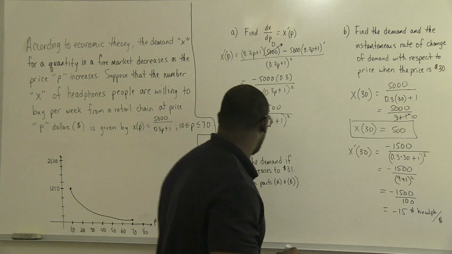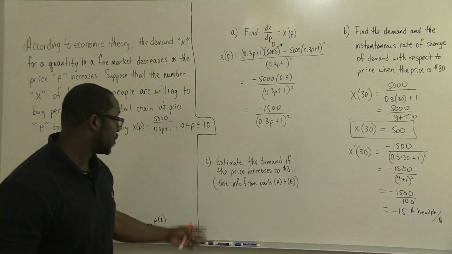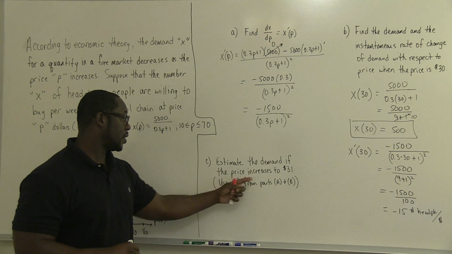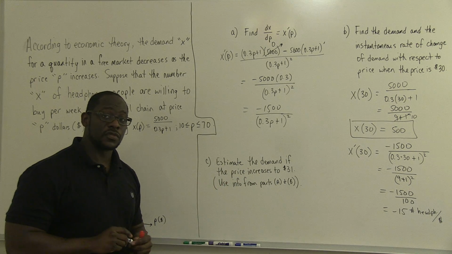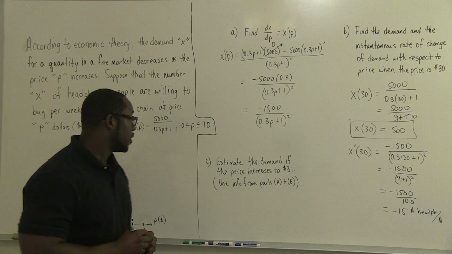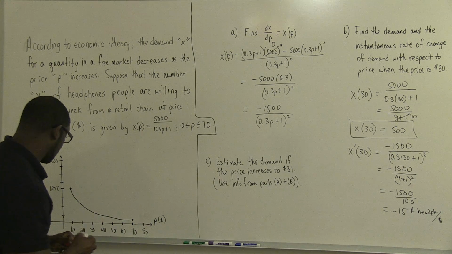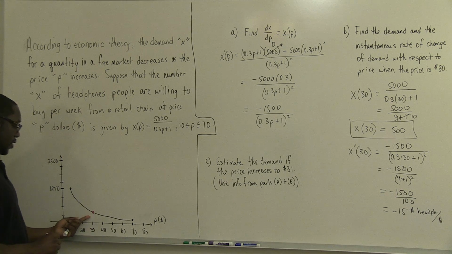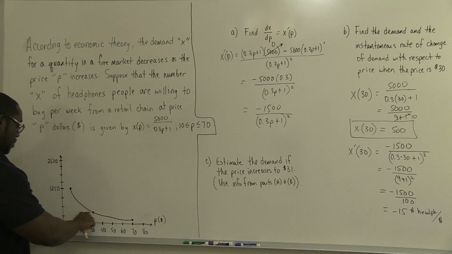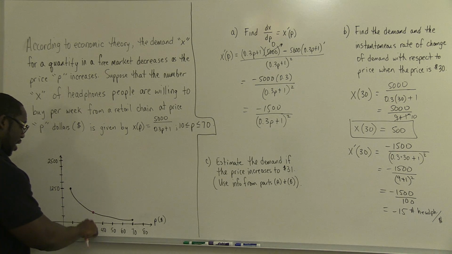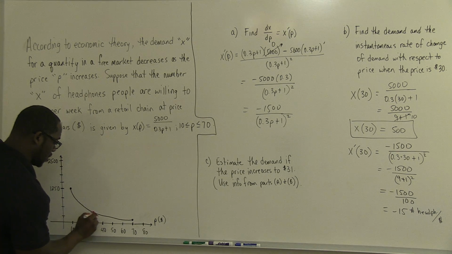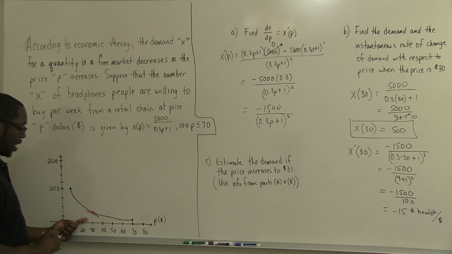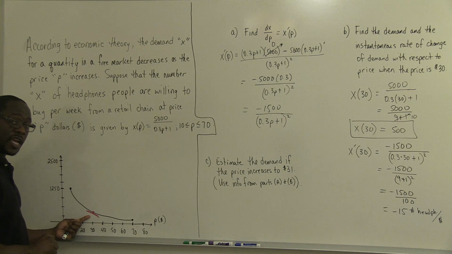Our last question says, let's estimate the demand if the price increases to $31. To do this, I'm going to go here. This is the actual demand at the price of $30, and here's a sketch of the tangent line.